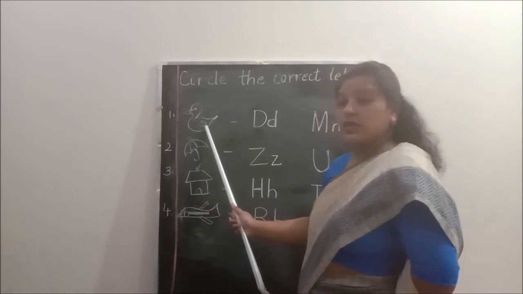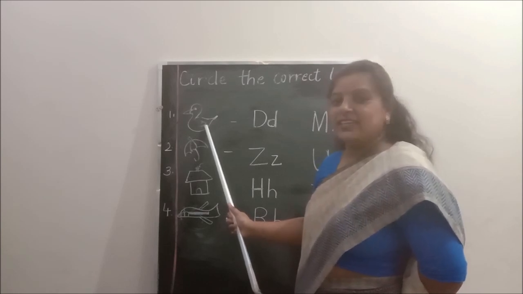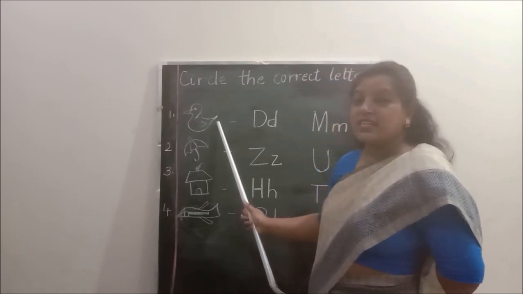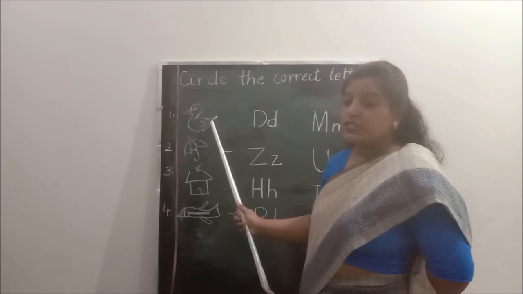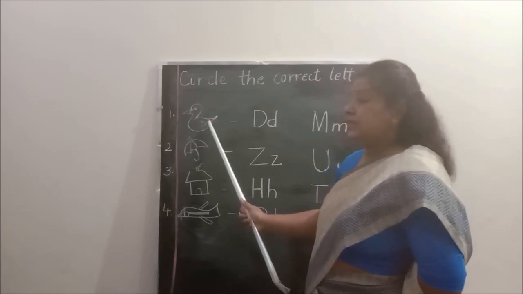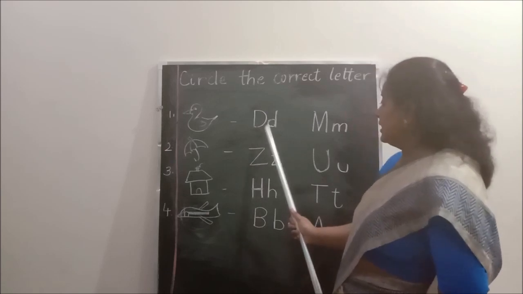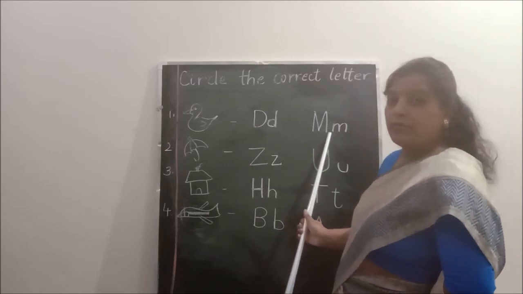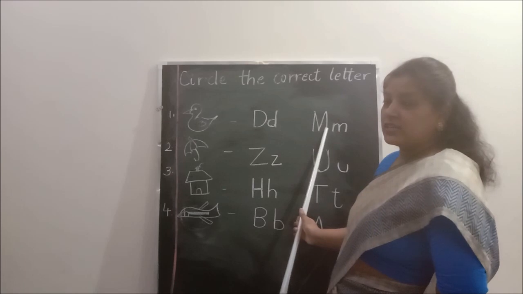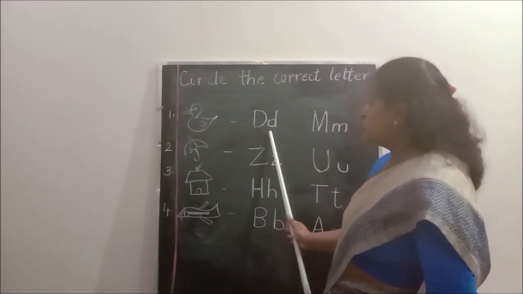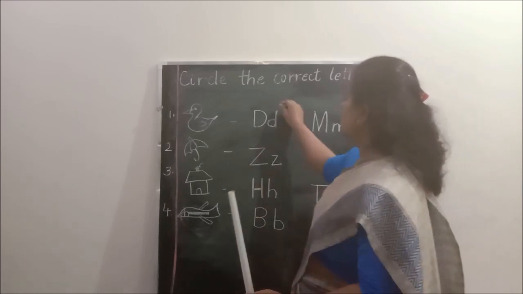First picture is of a duck. So which letter starts for duck? Which letter are we going to use? D, duck. Here I have given you 2 letters, D and M. Which letter is correct? Here I will say D, duck.